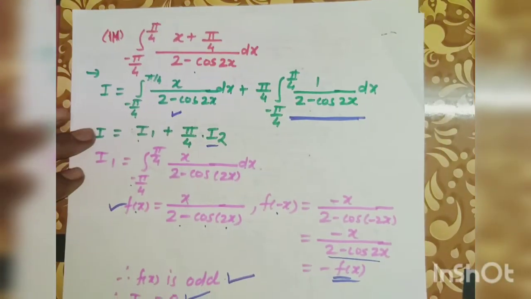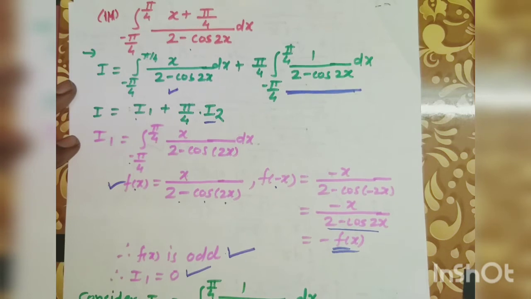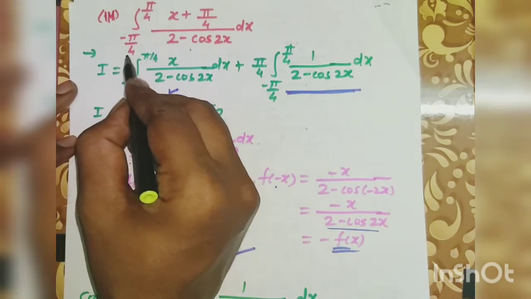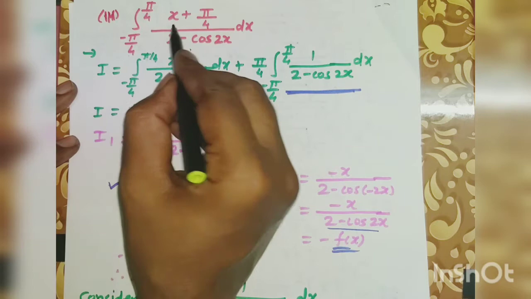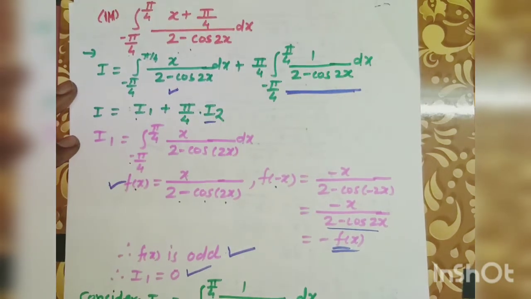Now this example, I will solve here but only explain. The last property is integration of minus pi by 4 to pi by 4 x plus pi by 4 divided by 2 minus cos 2 dx.